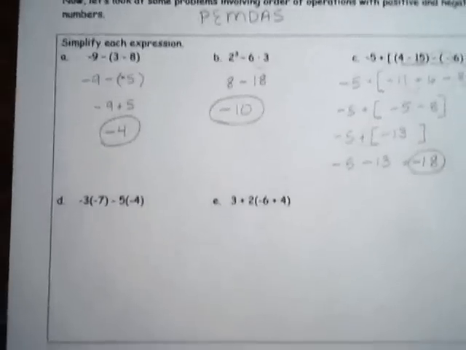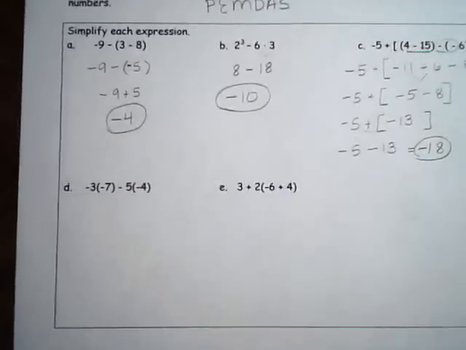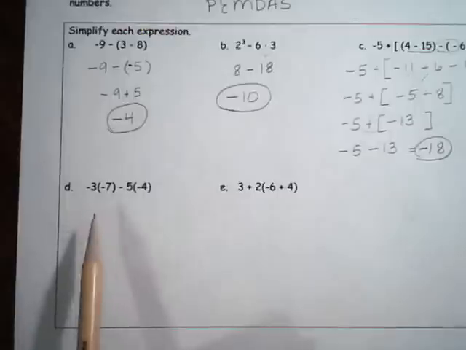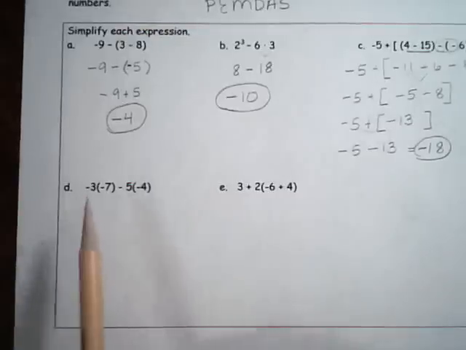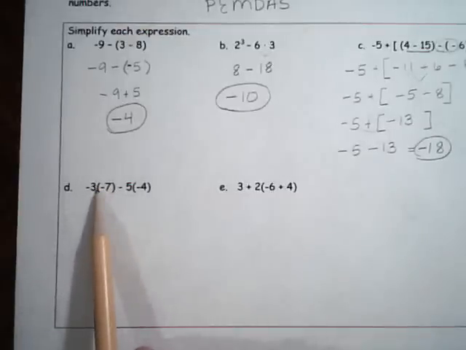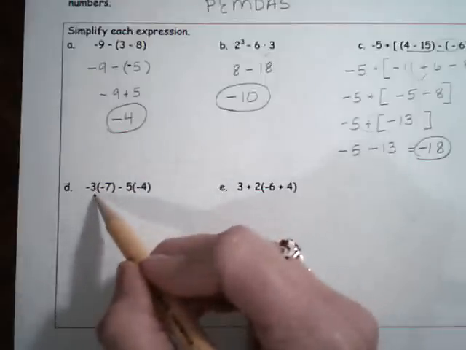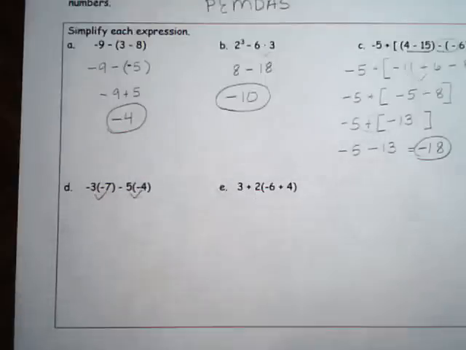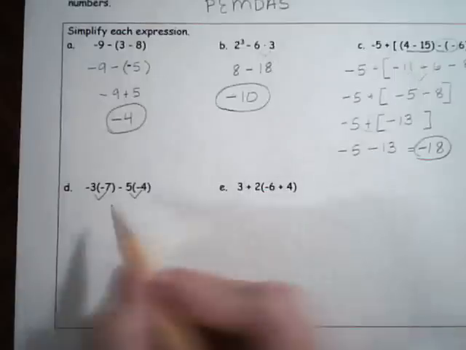Okay, if we look at D, sometimes it's hard to tell the difference whenever you have multiplication in a problem or when you don't. If you have parentheses and you don't see a sign in between, then that indicates a multiplication. So I need to multiply here and here. I'm multiplying -3 times -7.